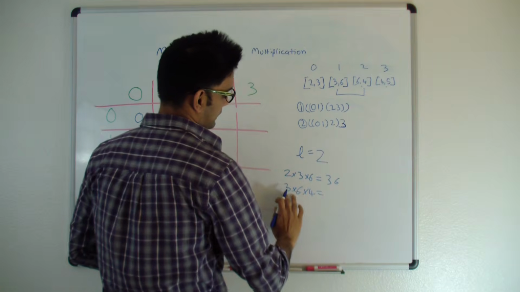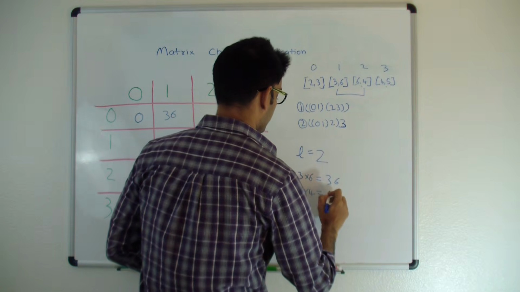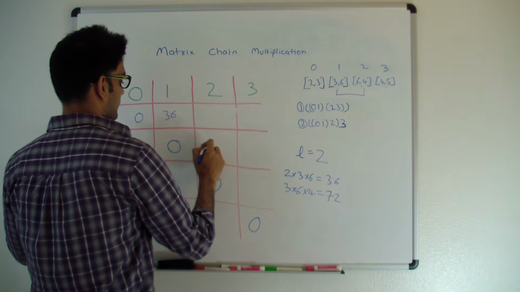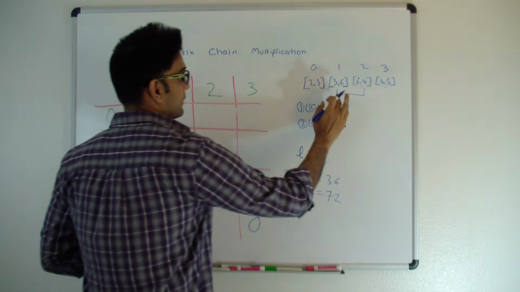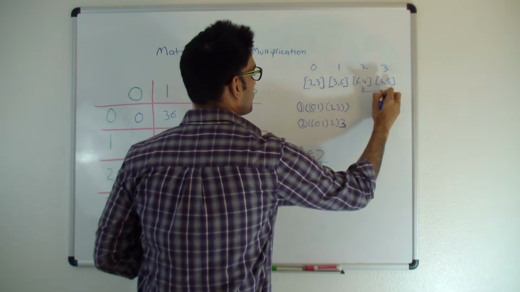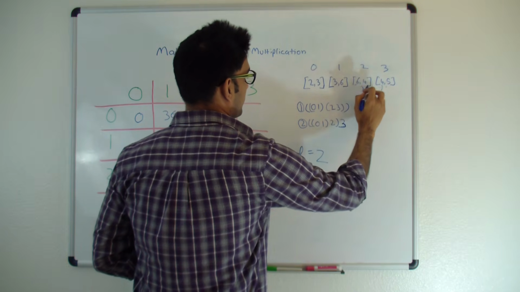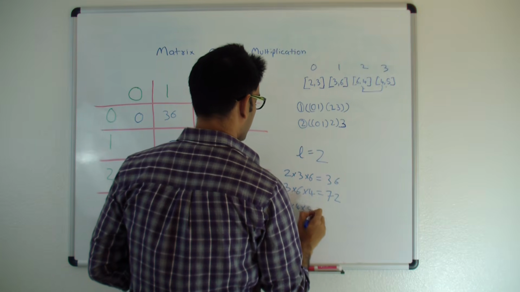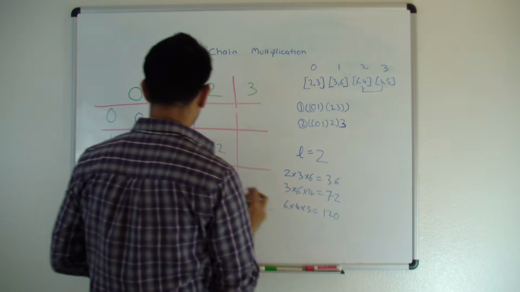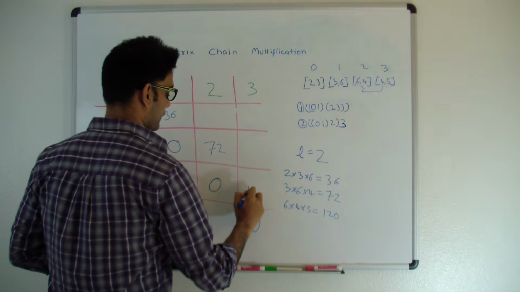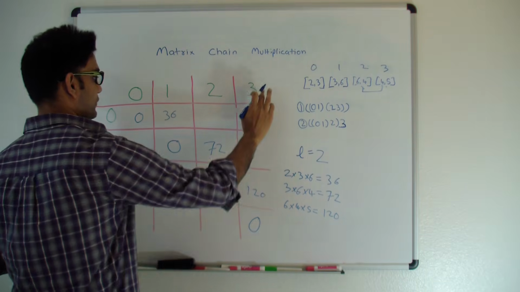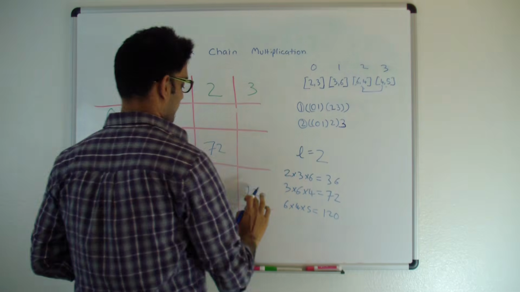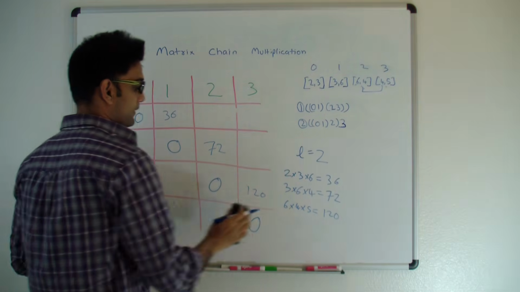So this is 18, plus 18 into 4 is 72. So 1 to 2 is 72. Let's multiply 2 to 3. So the cost of multiplying this is 6 into 4 into 5, so this is 120. So the cost of multiplying 2 to 3 is 120. Here 2 to 3 means the matrices starting at index 2 and ending at index 3.